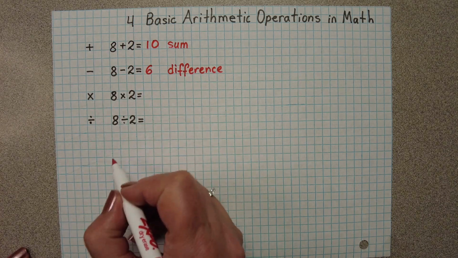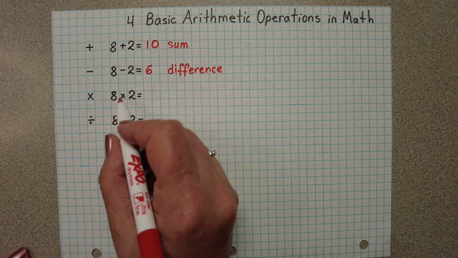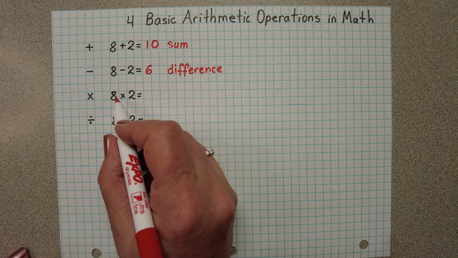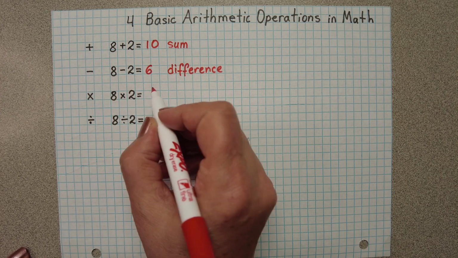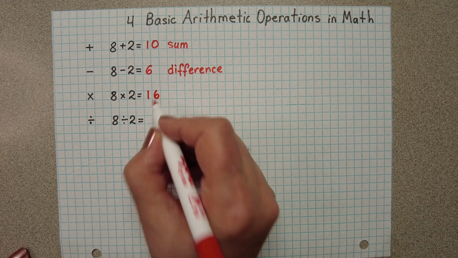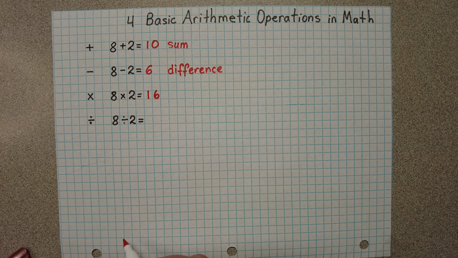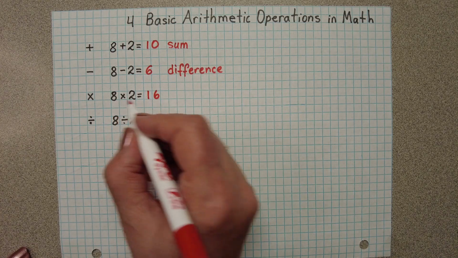Now for multiplication. How do we call the answer for multiplication? Let's multiply first. 8 times 2 equals 16. How do we call 16 in this case? If there is a problem that says find the product of two numbers, that means you need to multiply.